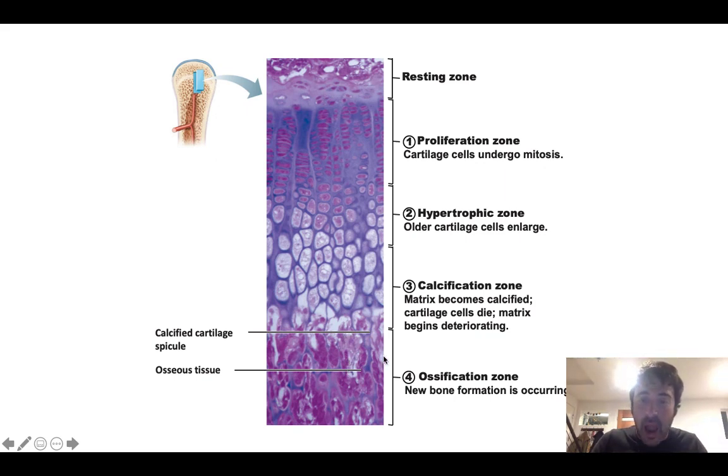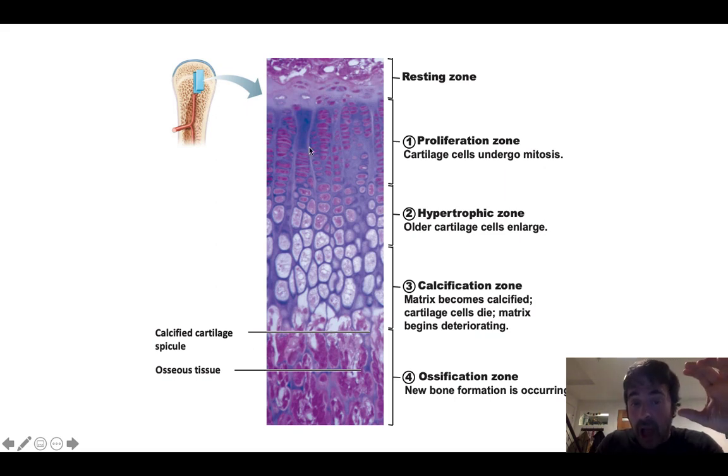Essentially, what happens when the epiphyseal plate fuses is during puberty, men get a burst of testosterone, women get a burst of estrogen, and testosterone and estrogen trigger both chondroblasts and osteoblasts, but they trigger osteoblasts to a greater degree.